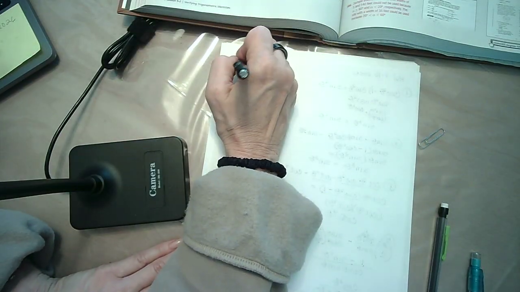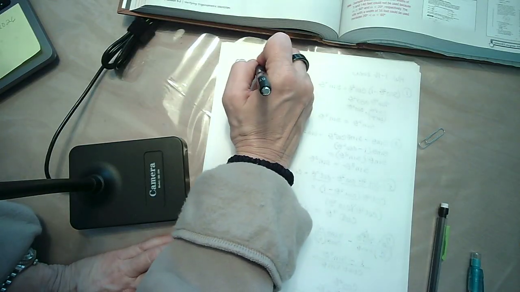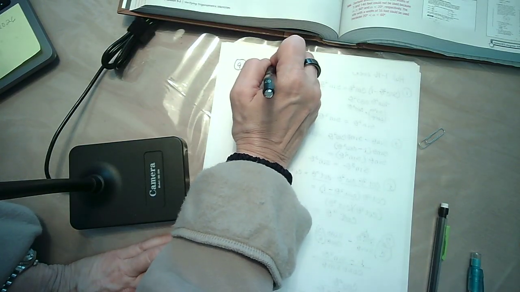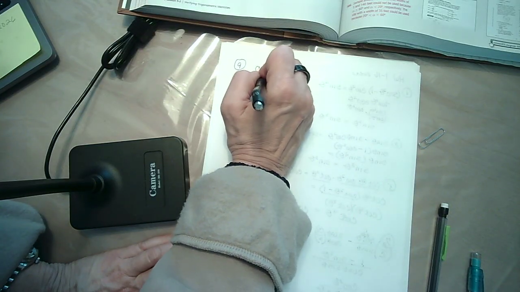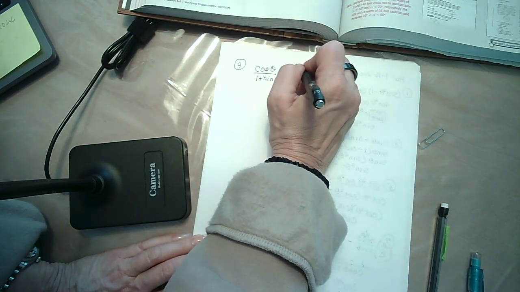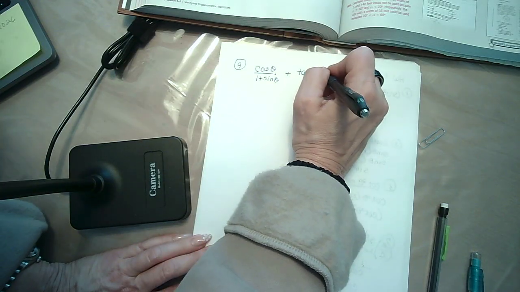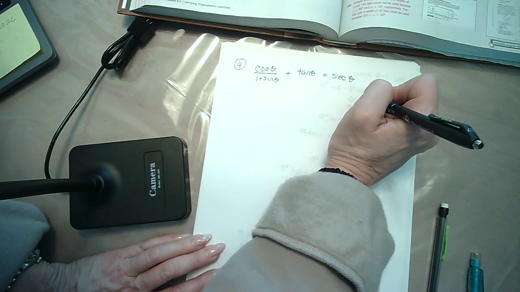Let's go to number 9. Okay, let's see what it says. It says cosine theta over 1 plus sine theta plus tan theta, and they want this to be secant theta.